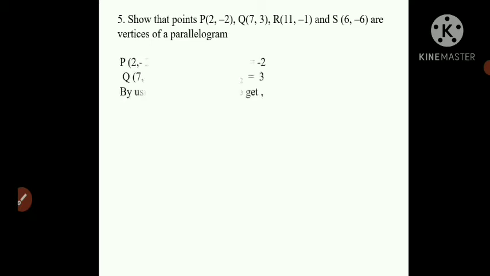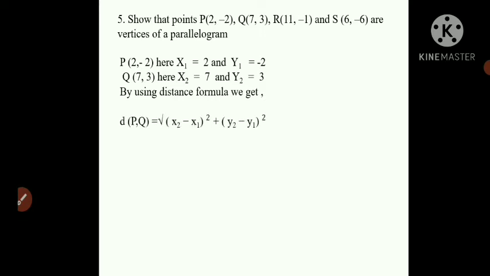Here P is (2, -2), so x1 is 2 and y1 is -2, and Q is (7, 3), so x2 is 7 and y2 is 3. Again we'll use the distance formula, that is the square root of (x2 - x1) the whole square plus (y2 - y1) the whole square.